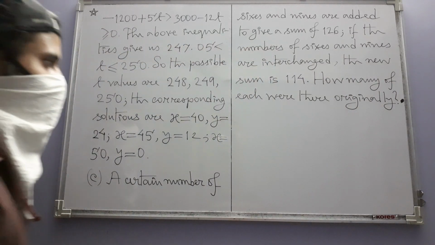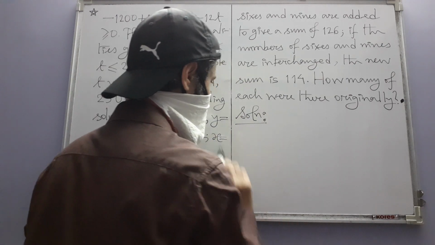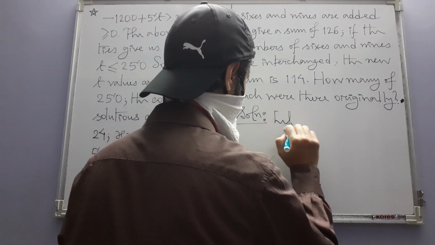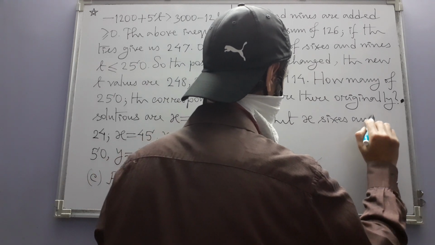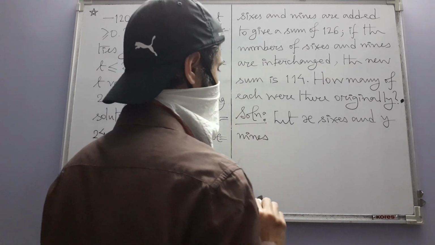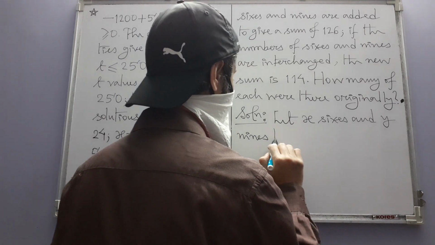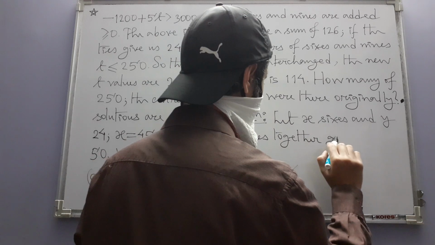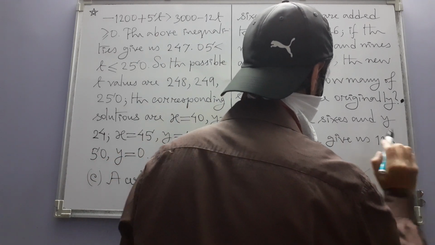Okay, so as usual, let us proceed by first considering two variables. Let 6x's and 9y's together give us 126.